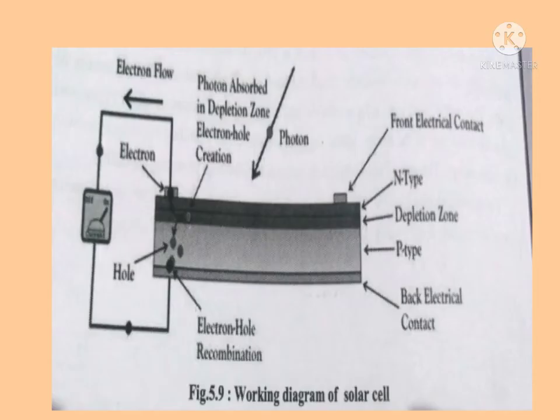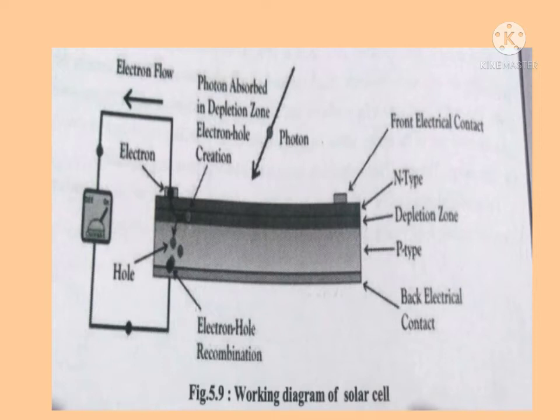This whole system is packed in thin glass to protect the solar cell from any mechanical shock. As the light energy falls on the junction, it supplies energy and creates a number of electron-hole pairs. Free electrons in the depletion region come to the N side of the junction, and holes in the depletion region quickly come to the P side of the junction.